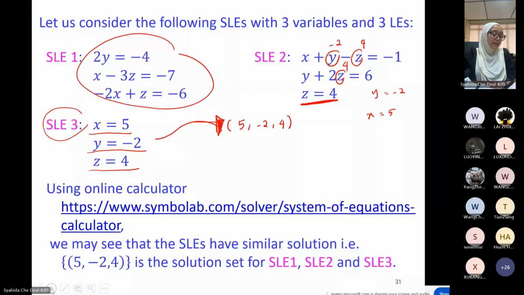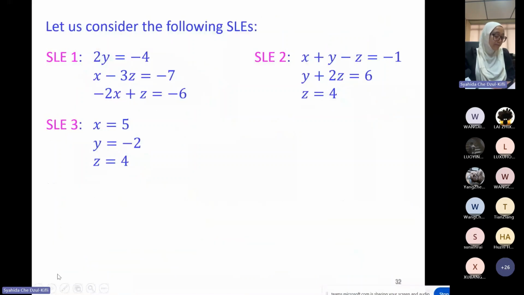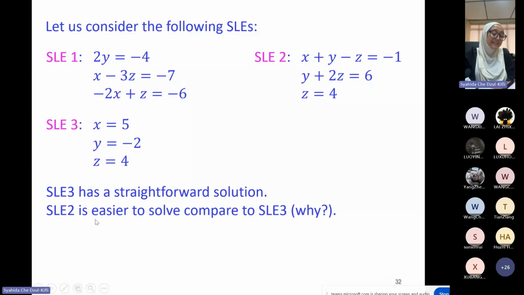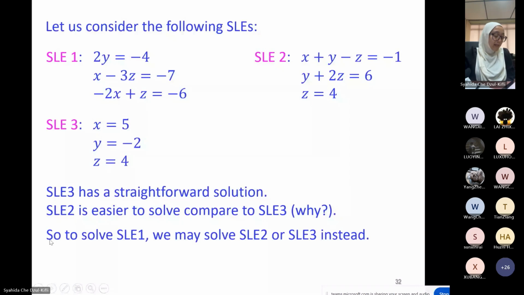Okay, so these are systems of linear equations. SLE3 has a straightforward solution. SLE2 is easier to solve compared to SLE3. Why? You have seen that. So, to solve systems of linear equation 1, we may solve systems of linear equation 2 or 3 instead, right?